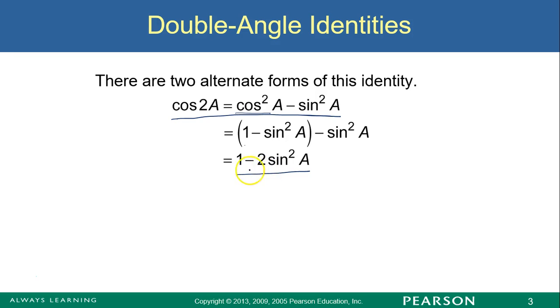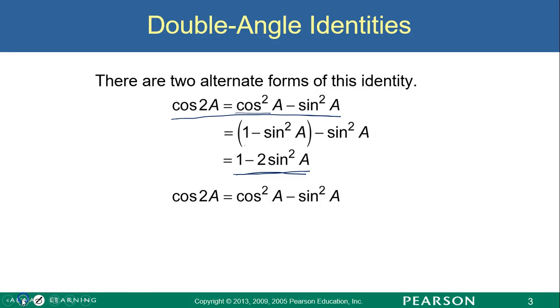And in case an example like I'm going to show you in a little bit, in case you were just given sine A, well, we can find cosine of 2A by just using this double angle identity rather than finding cosine of A and going through that process. It's a shortcut. That's all it is.